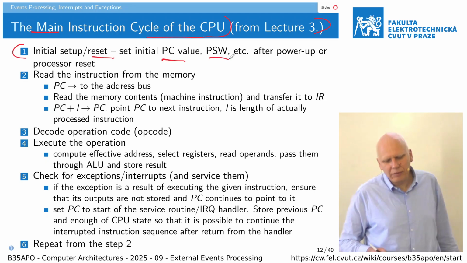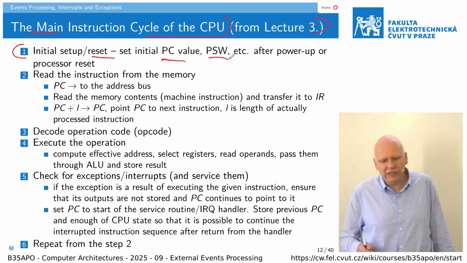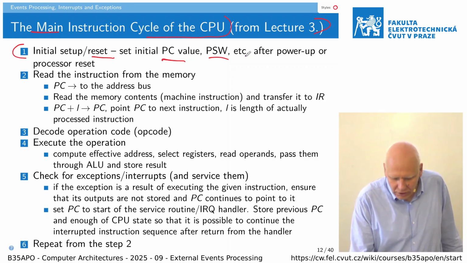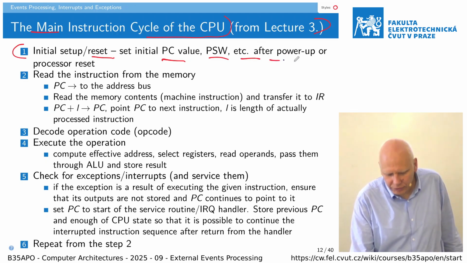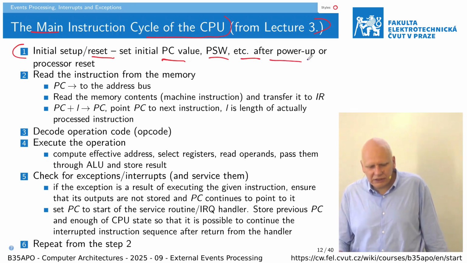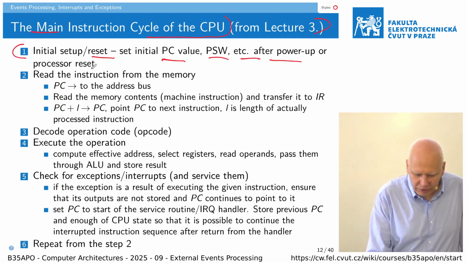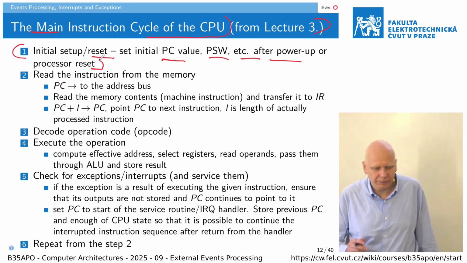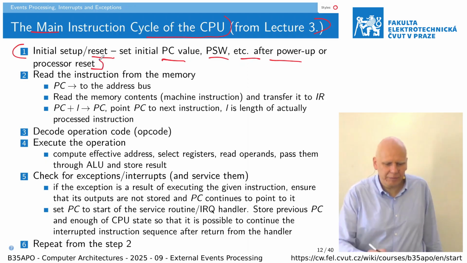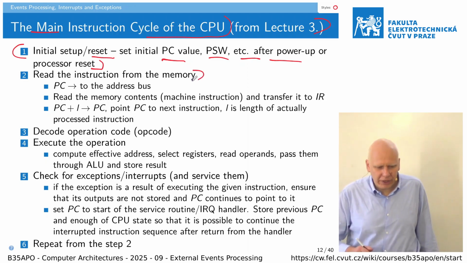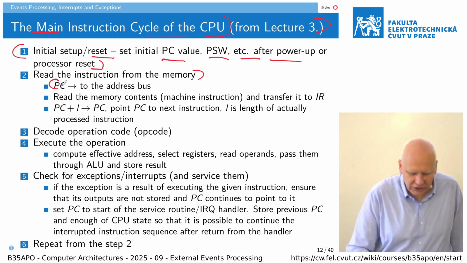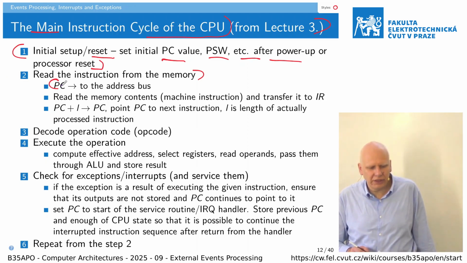It sets some program status word or other control registers and the state of the processor. It can be initiated by a power-up or a processor reset, and so on. Then the next step is to read the instruction from memory, from the address pointed to by the program counter.